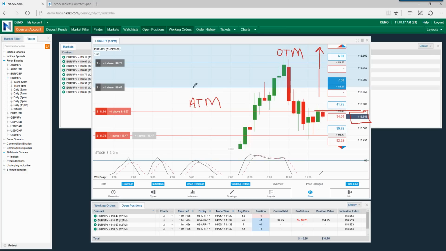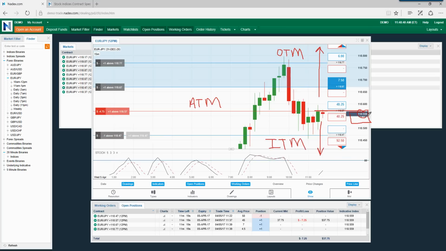Now, remember, this is for buying. Anything that is below is considered to be ITM, which means in the money. Why?